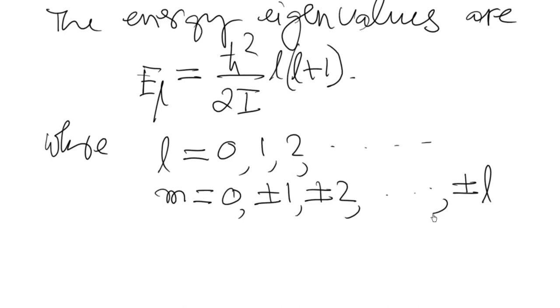The spherical harmonics Y L M are related to atomic orbitals in the hydrogen atom. Notice that the phi term in the wave function is the same as the 1D rigid rotor wave function.